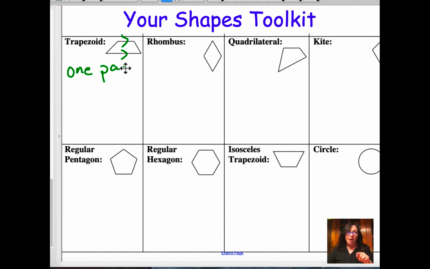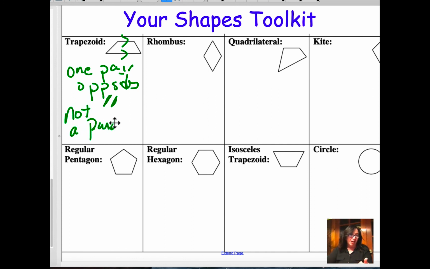So what that means is, if a trapezoid was a parallelogram, then it would have all the attributes of a parallelogram. And a parallelogram has both pairs of opposite sides parallel. And this does not. Therefore, you need to say it's not a parallelogram.